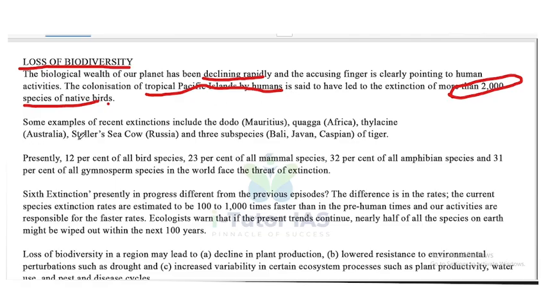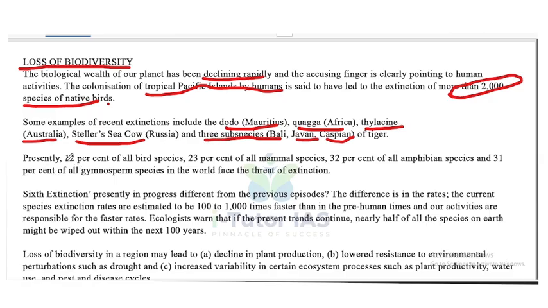Some other examples of recent extinctions include the dodo, which is a bird from Mauritius, quagga from Africa, thylacine from Australia, Steller's sea cow of Russia, and 3 subspecies of tiger: Bali, Javan, and Caspian tigers. So these are a few examples. Just take a note of these examples. This can be used for your mains answers as well.